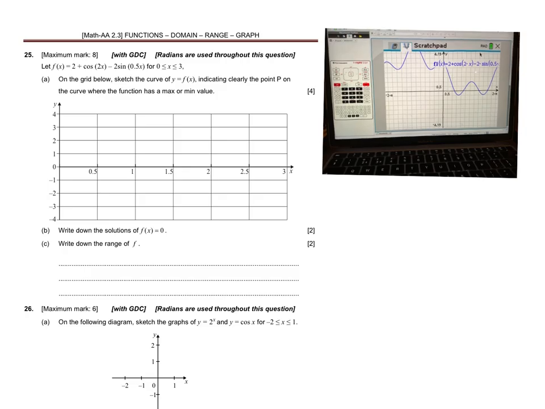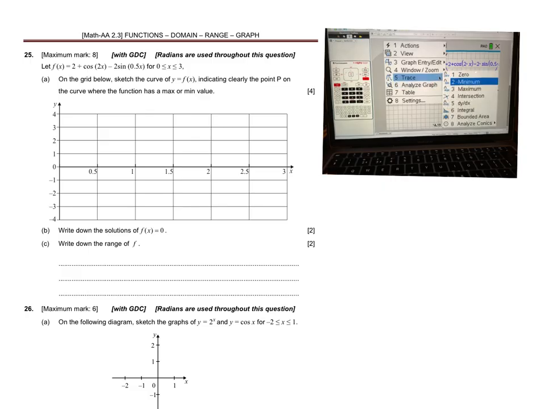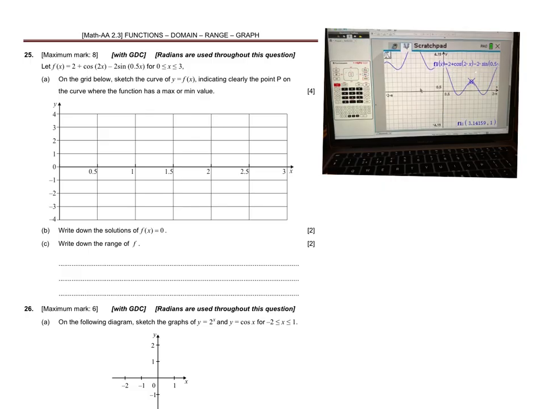On the grid below, sketch the curve indicating clearly the point P on the curve where the function has a max or min value. So the first thing you want to do is menu, trace, graph trace, and we type in 0, the endpoint, and 0.3. Okay, and then we type in the other endpoint straight away, 3, enter.